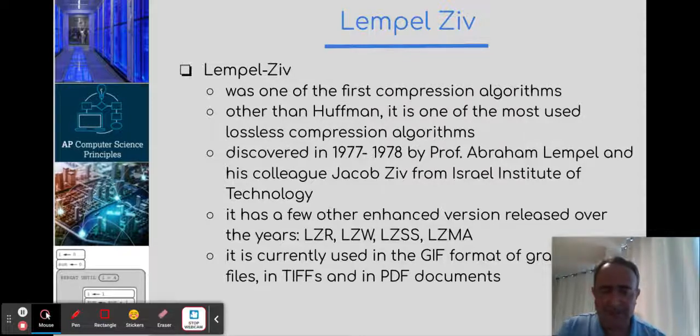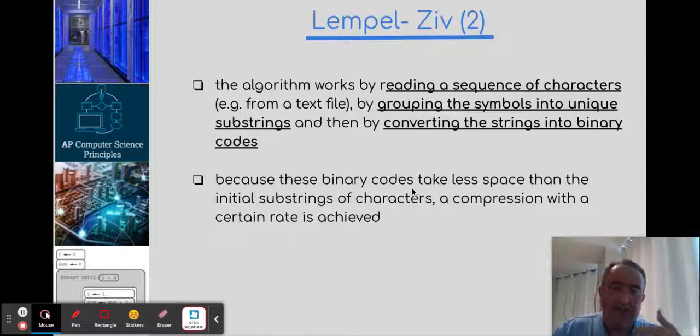Other than Huffman, this is actually one of the most used lossless compression algorithms out there, and it's under the hood in many of the technologies that we're currently using: PDF documents, GIF files, TIFF files, all that kind of stuff. Meanwhile, there were a few other enhanced versions achieving even better compression rates like LZR, LZW, and so on.